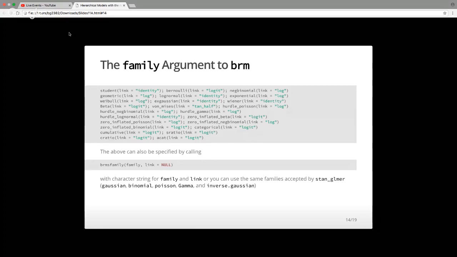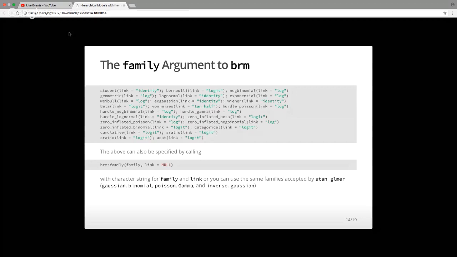And you can do these sorts of things by piecing together different parts of a model on the fly, whereas it's a lot of work to write out a Stan model to put into rstanarm for each one of these things if you have to write out the thing by hand and check it.